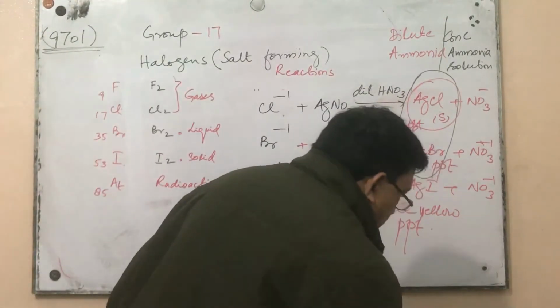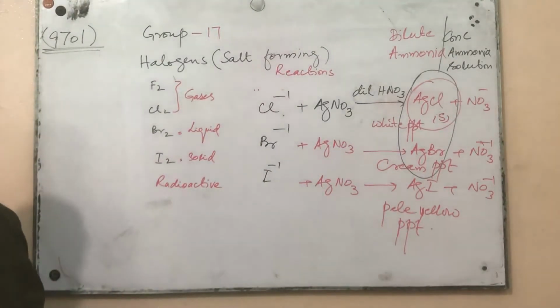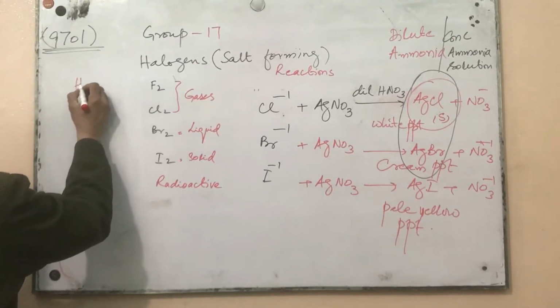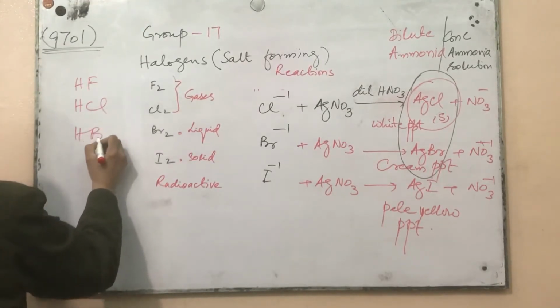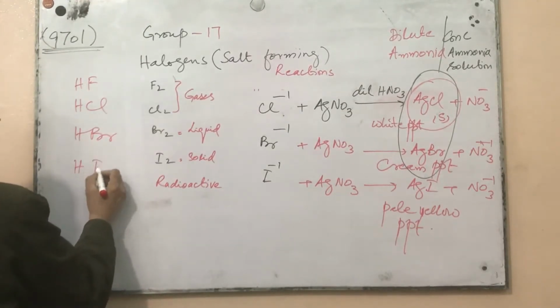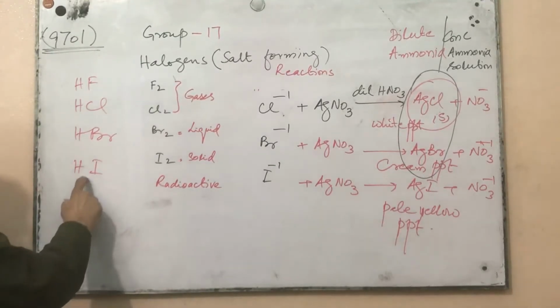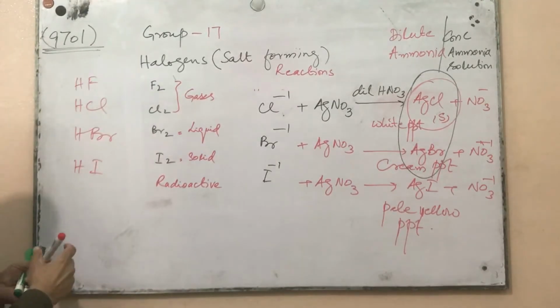Now, the acidic nature of halogen acids is discussed. The halogen acids are HF, HCl, HBr and HI, as this is the thermally less stable and this is the maximum stable.